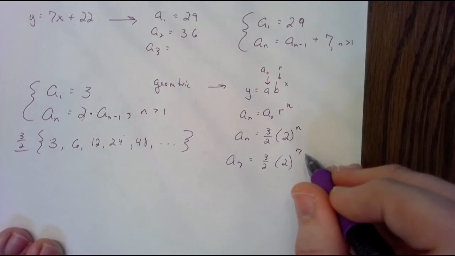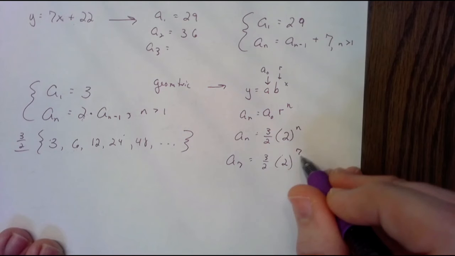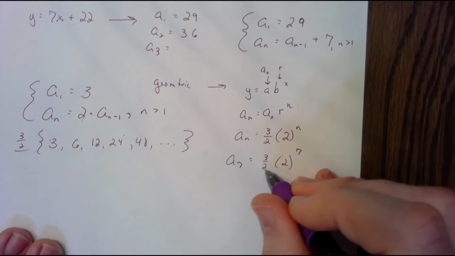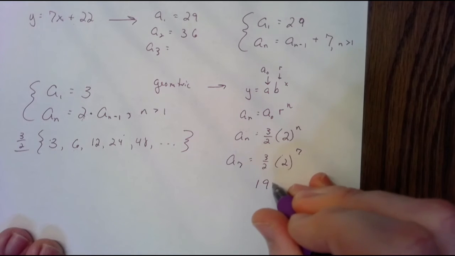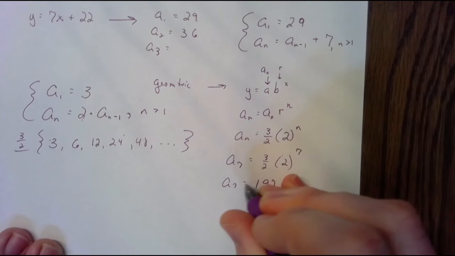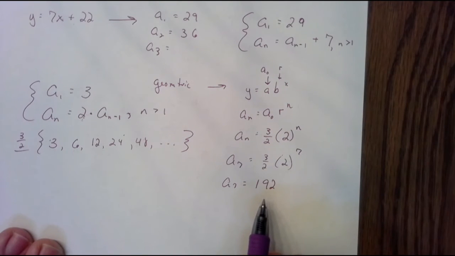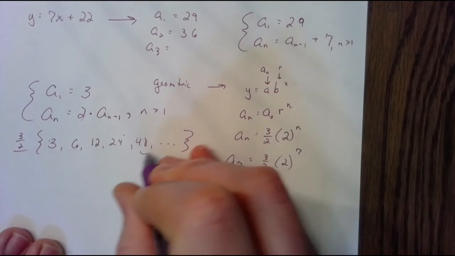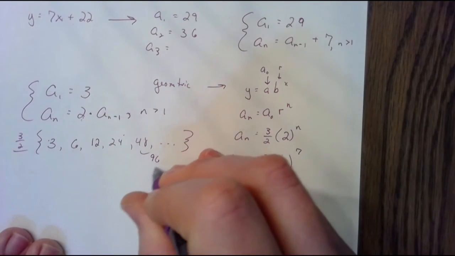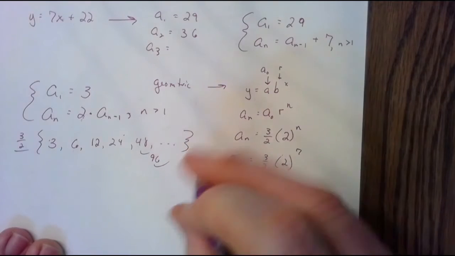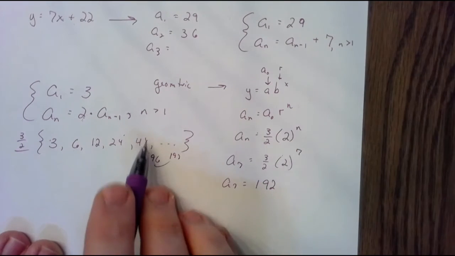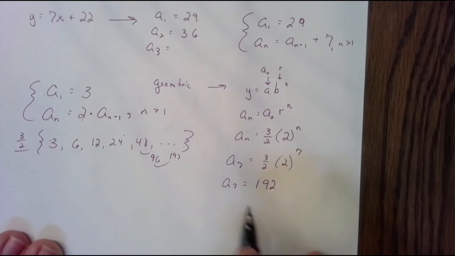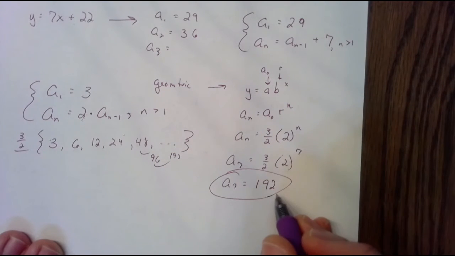So I know that the 7th term in this sequence will be 192. And if we were to follow that, we'd see this would be 96. 96 times 2 is 192. And we see that's 1, 2, 3, 4, 5, 6, 7. So we know we got it right because that one's not too bad. You can see geometrics grow much, much faster than arithmetics. And again, that's because this is exponential and the other one is linear.